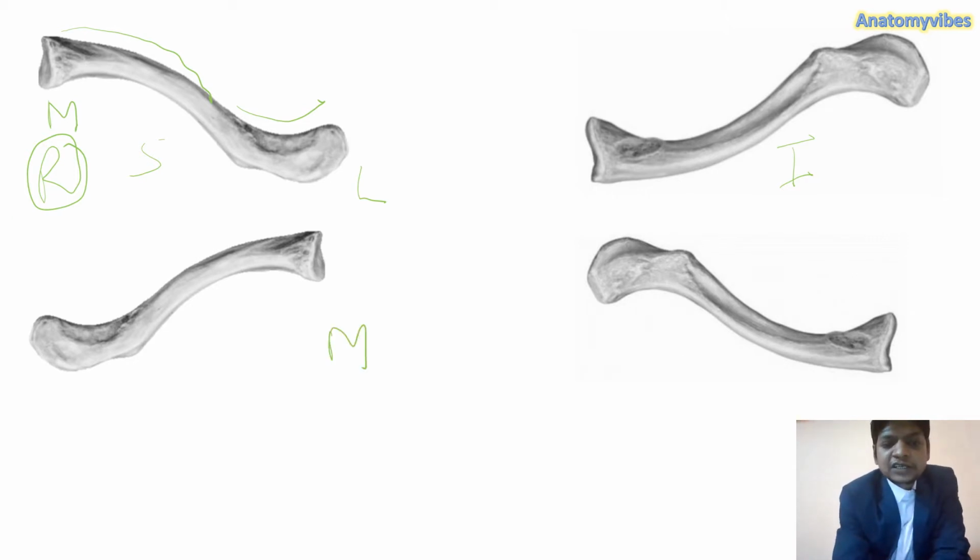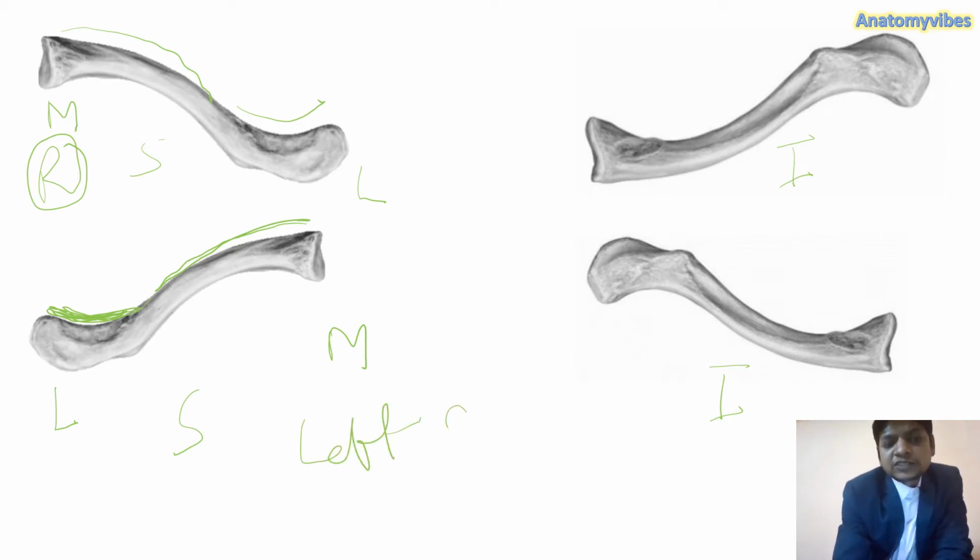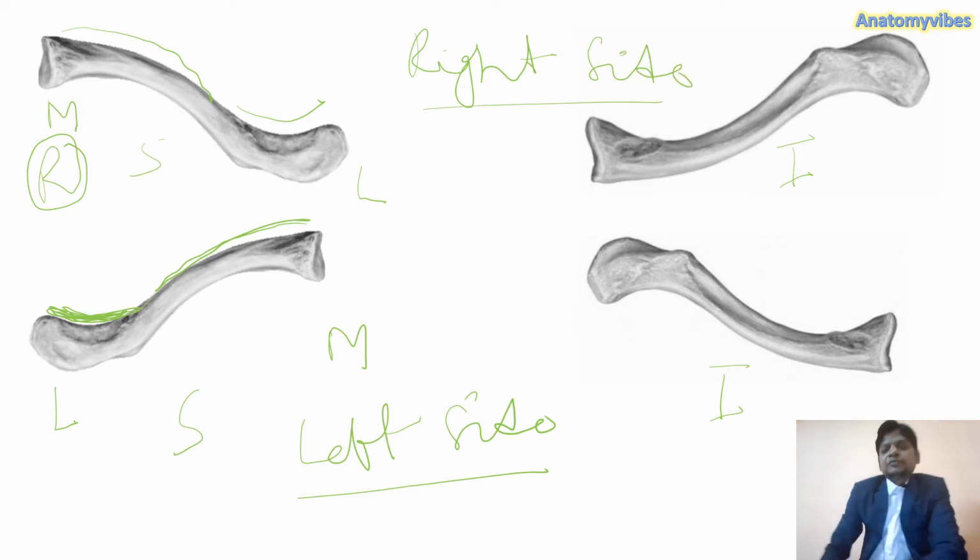This is the medial, this is the lateral. Superior view, inferior view. Medially anteriorly convex and anteriorly concave on the lateral side. So these two bones will be of the left side. So the lower ones are left side bones and the upper two are right sided bones. So I hope you can determine the side of the clavicle now.